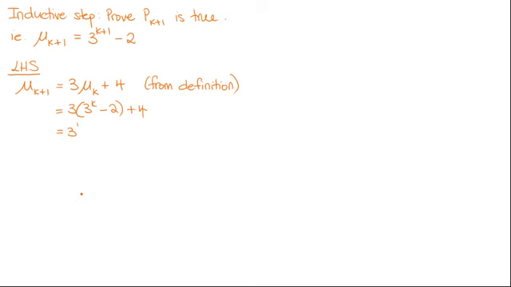So this is 3 to the 1 times 3 to the k when we distribute. Minus 3 times 2, that's 6. Plus that 4. Same base, we add the powers. And we end up with exactly what we wanted to end up with. 3 to the k plus 1 minus 2. So this is equal to the right-hand side.